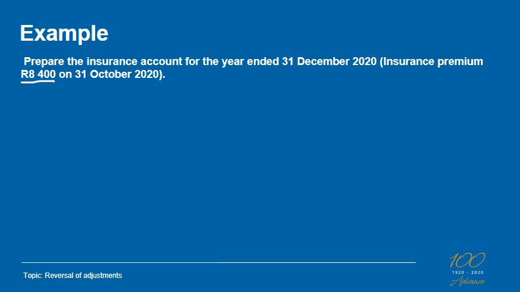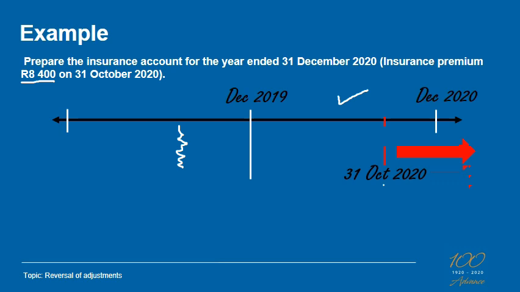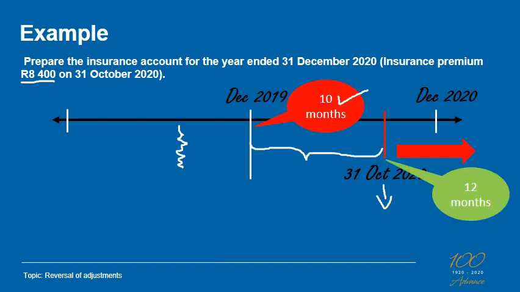Because on the 1st of January, I'm going to start off with a 10 months prepaid insurance. Remember, I've made that payment already in the previous financial year, October, which I paid for the 2020 year. So that when I make my payment on the 31st of October 2020, I've adjusted to include the expense incurred for the first 10 months of the financial year.